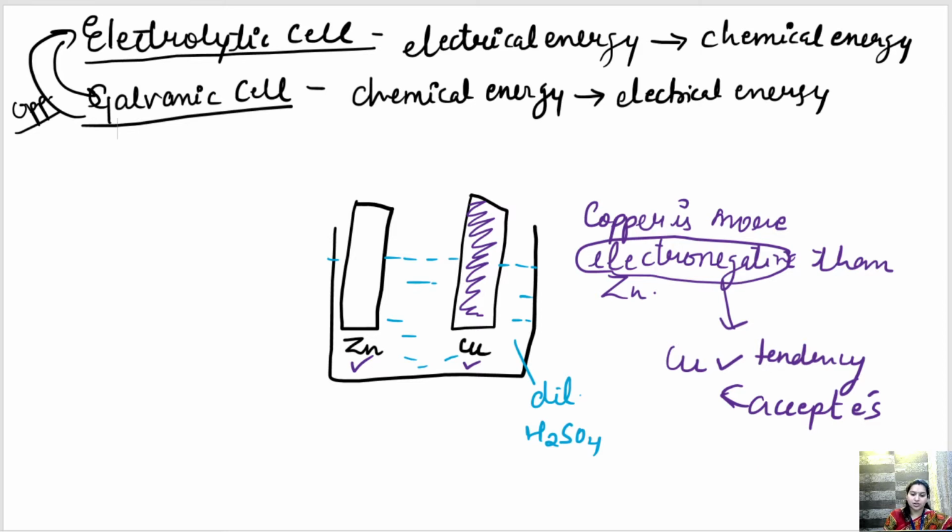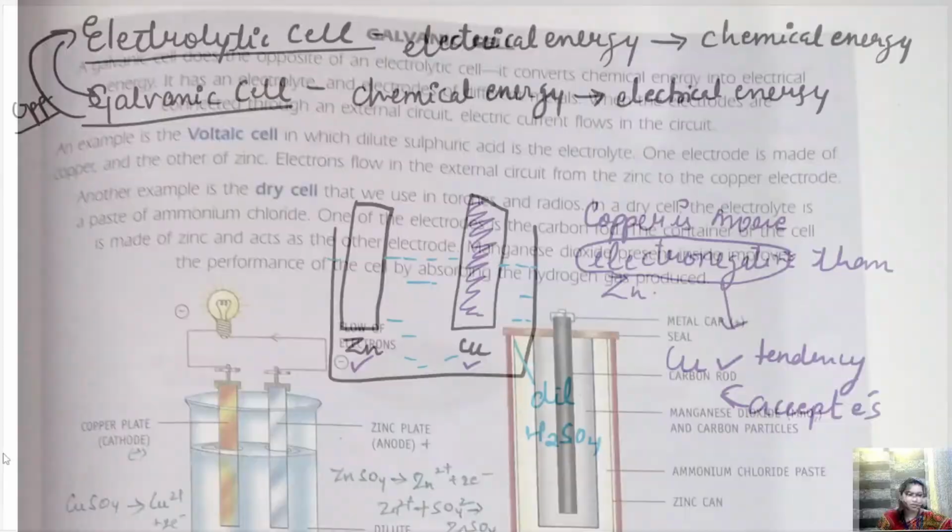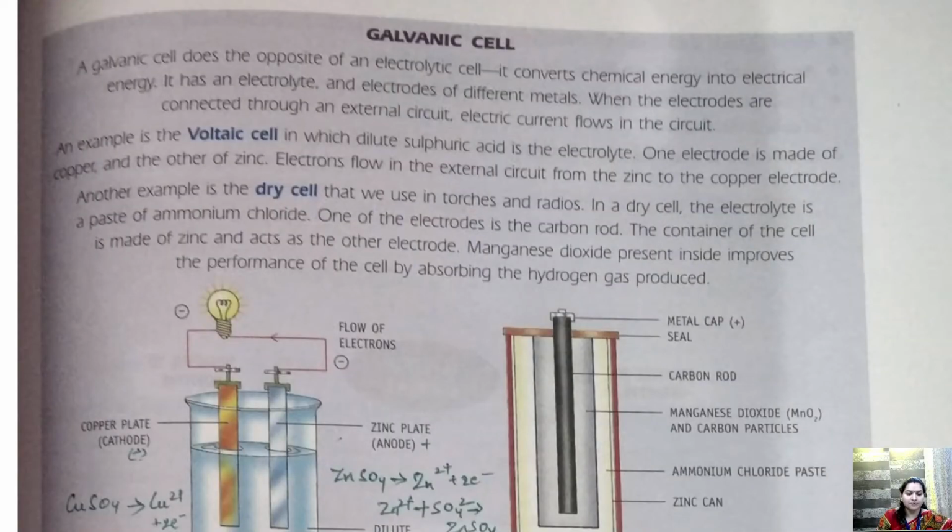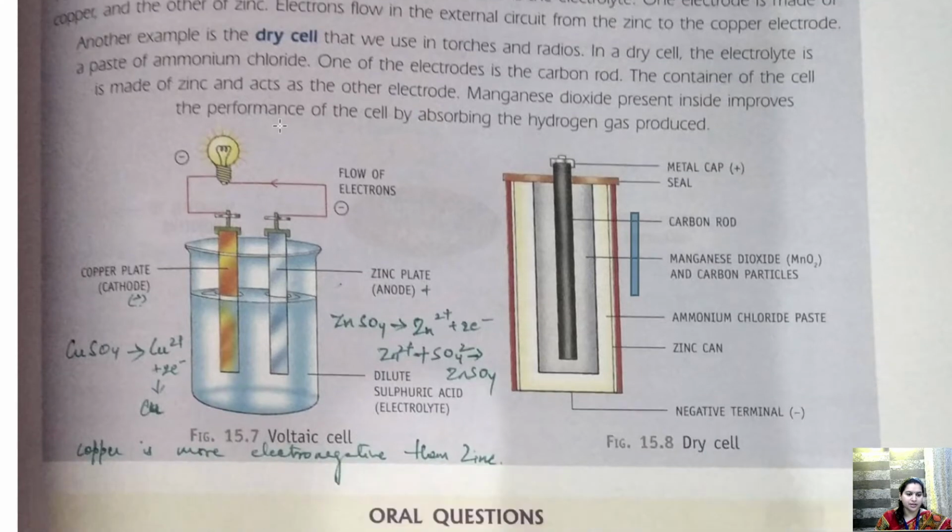The same thing, children, you can see in your book also. So let me first show you the book part. So this is your book part, children. What you can see here is that we have taken a setup. This is a setup of a voltaic cell. At the cathode, that is negative charge, we have taken copper.